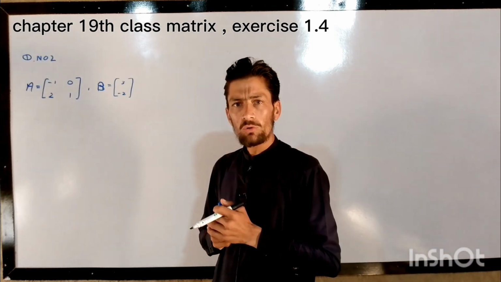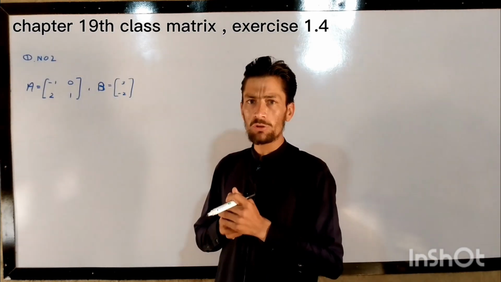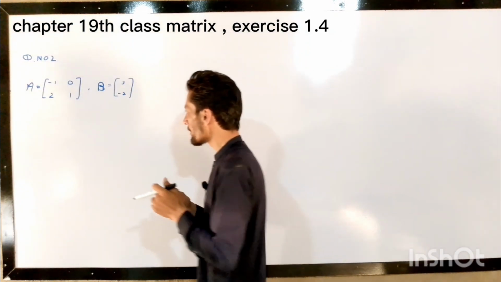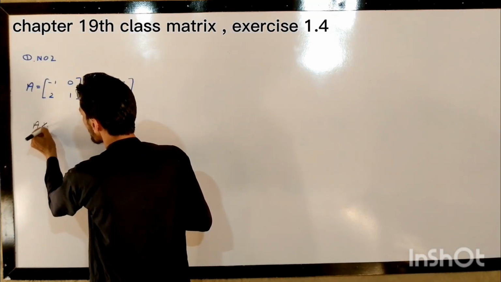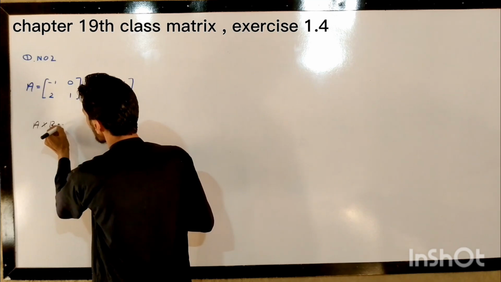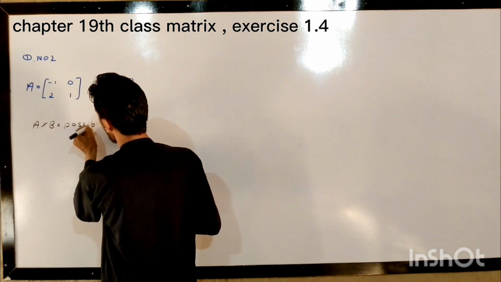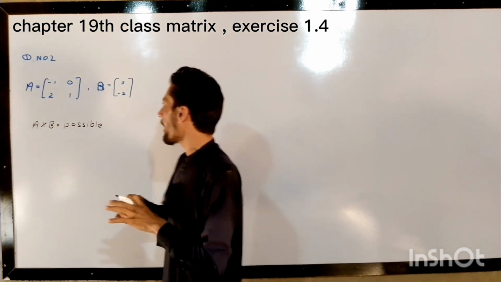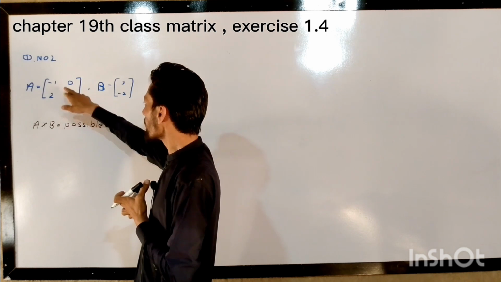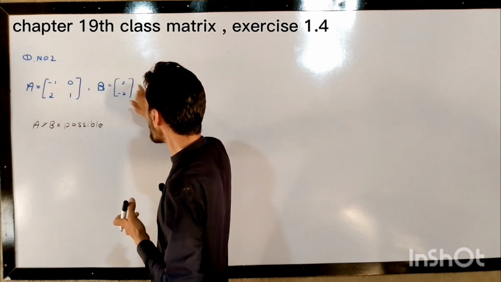Similarly, in question number 2, they are asking that if matrix A is equal to -1, 0, 2 and 1 and B is equal to 3, -2. The first question is, is A cross B possible? If I keep my eyes on it, I have two columns and two rows.